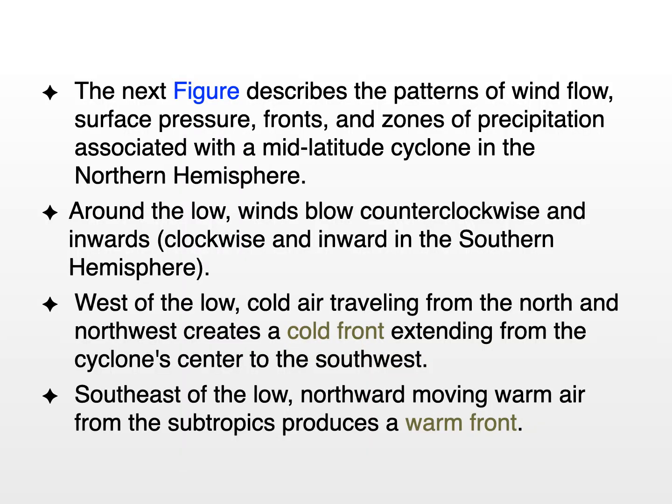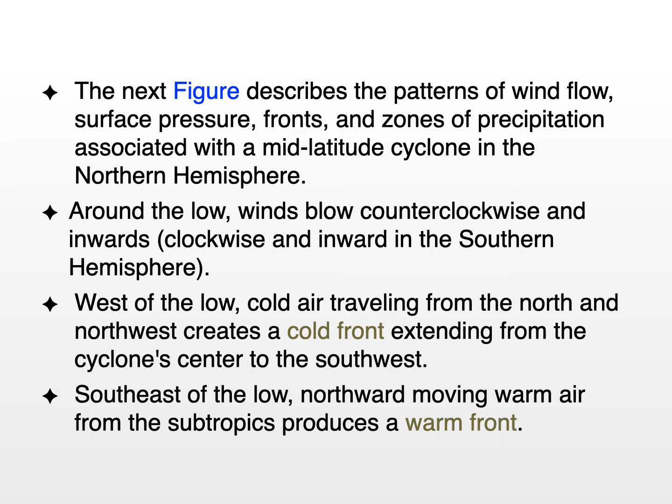So this next figure describes the patterns of wind flow, surface pressure, fronts, and zones of precipitation associated with a typical mid-latitude cyclone in the northern hemisphere. So we're going to see that the winds blow counterclockwise and inwards. In the southern hemisphere, it would be the opposite, clockwise and inward. West of the low, cold air travels from the north and creates the cold front.